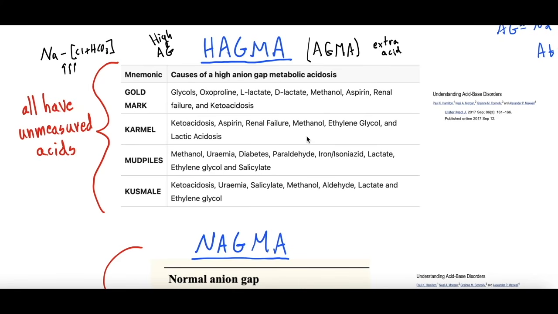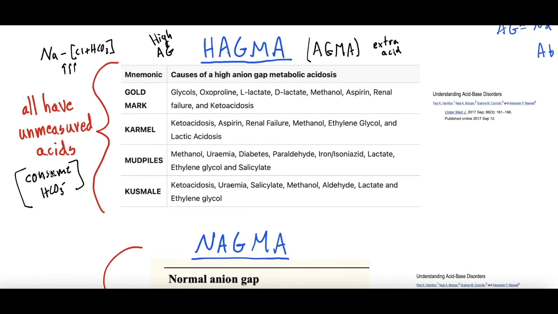And those unmeasured acids consume bicarb, which makes your anion gap that you're calculating, because it's a calculation, it's not directly measured, it's a calculation, makes your anion gap higher.